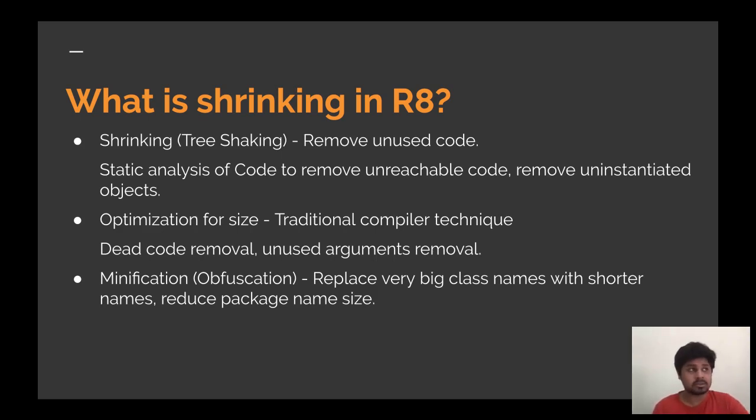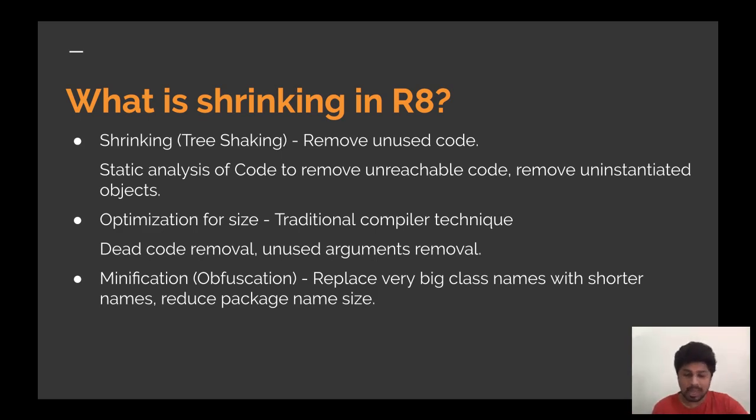In today's world, we can use it for security purposes. For example, it replaces very big class names with shorter names and reduces package name size. Suppose I'm a developer, I have developed an application and I have put that application on the Play Store. Suppose some person has downloaded that application and tries to deobfuscate it.